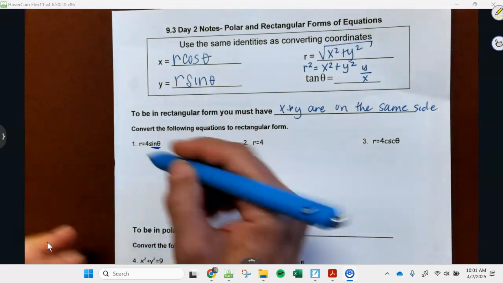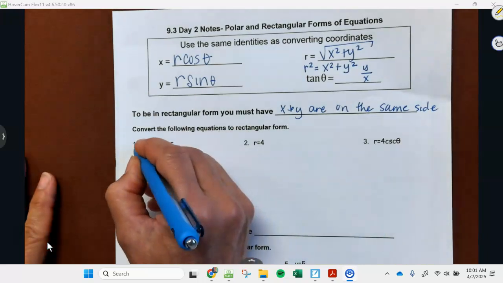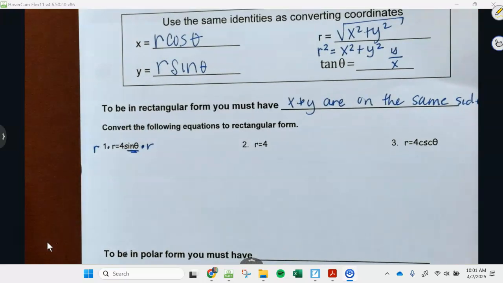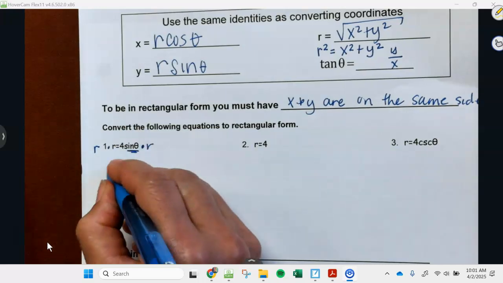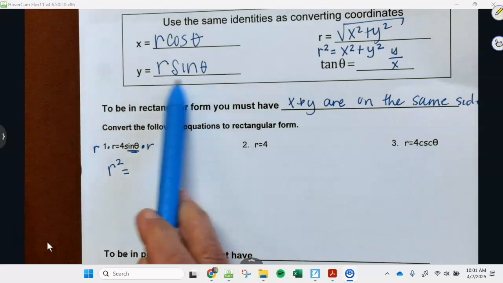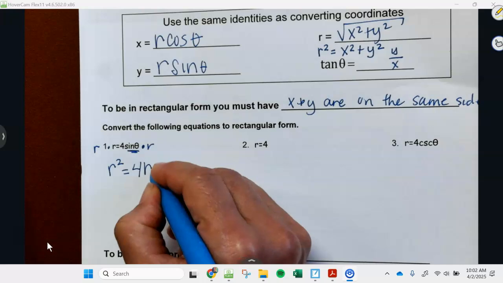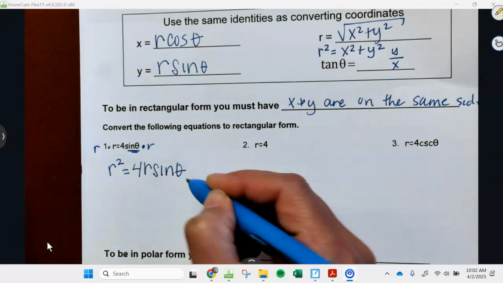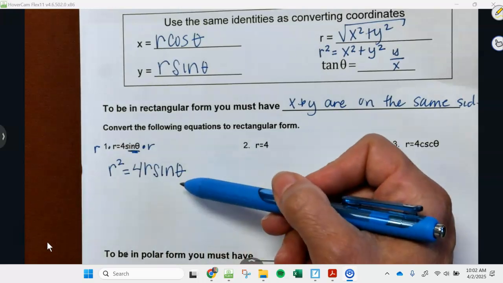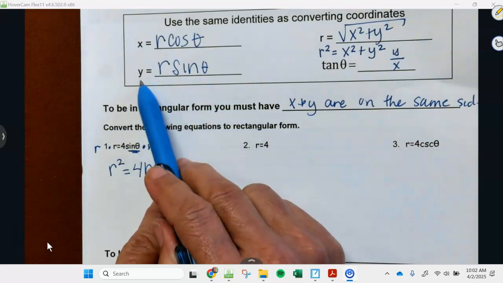And that's an equation. So I can multiply it by an r, but remember what you do to one side, you do to the other. So now what we're going to have is r times r, that's going to be r squared. And I'm just going to rewrite this to look like this. So I'm going to write 4, but then I'm going to put the r in front because that's how we're used to seeing it. So now that I have the r in front, we've got a couple of straight substitutions. r sine theta, boom, is the letter y.